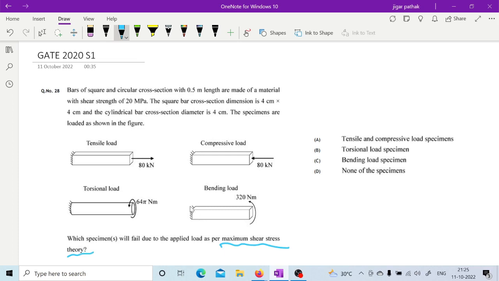So can you calculate? You need to calculate the stress in each component, then you can check which is going to fail and which is not. Can you do that? Yes sir, please calculate.